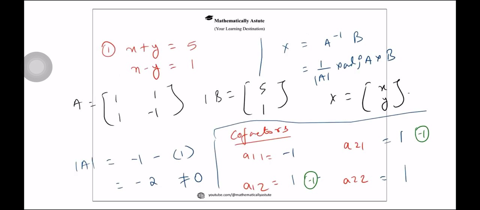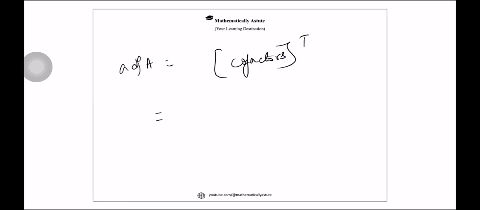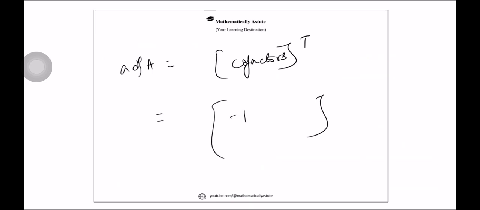Adjoint is the transpose of the cofactors. So it is 1, minus 1, minus 1 and 1.